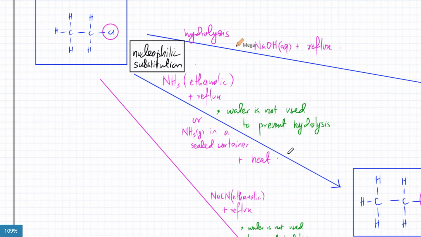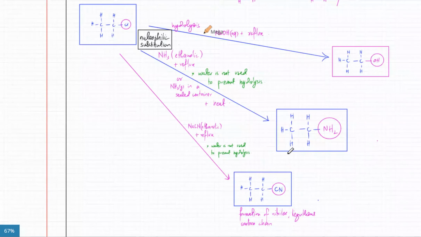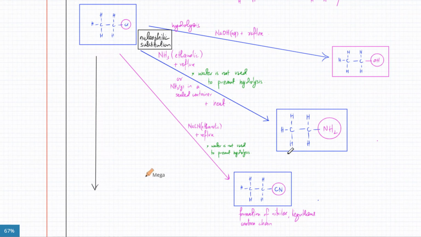Now there's another reaction which is known as an elimination reaction, in which you can turn a halogenoalkane back into an alkene.